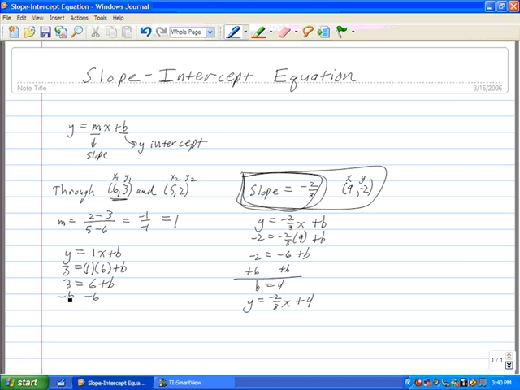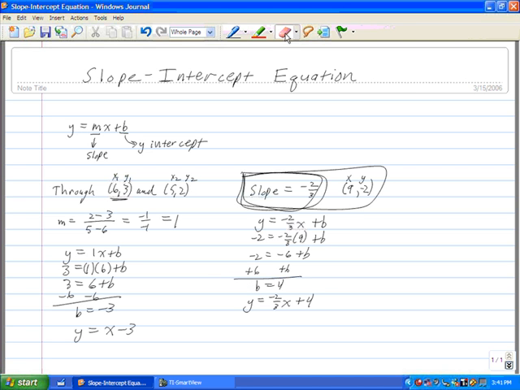Subtract off the 6 in this case. And you can write your final answer. So even if the slope isn't given, if you're given 2 points, you can use the slope formula to find it, and then go back to doing it the way we did before.